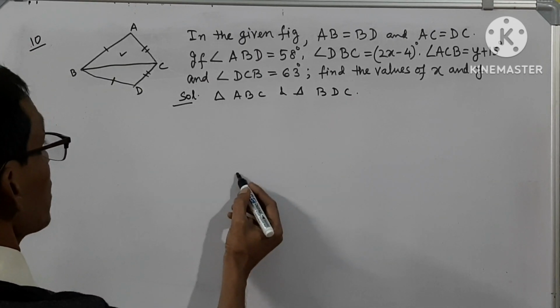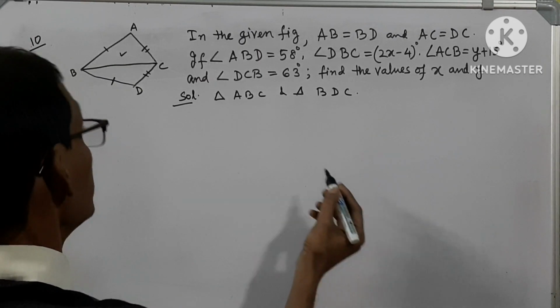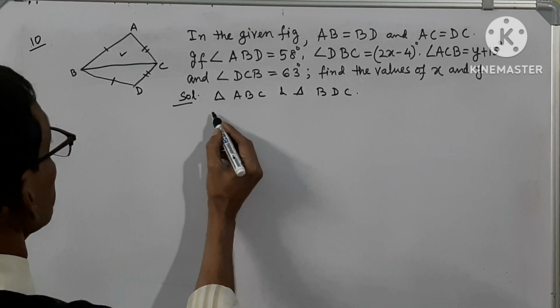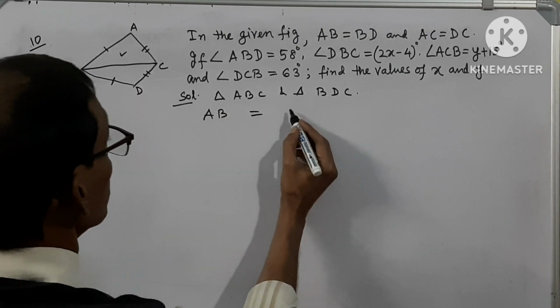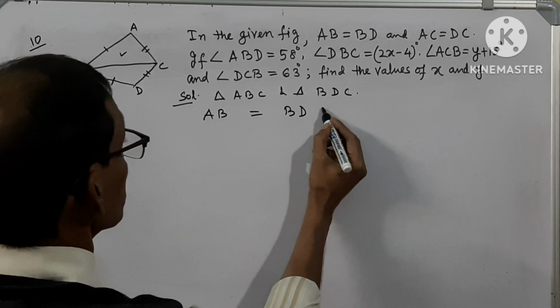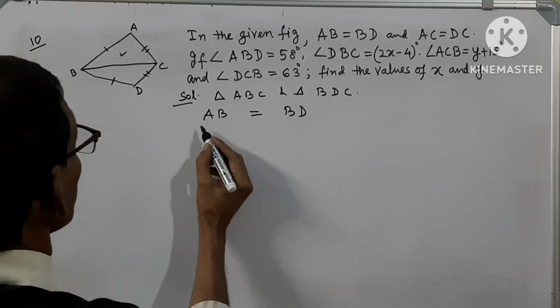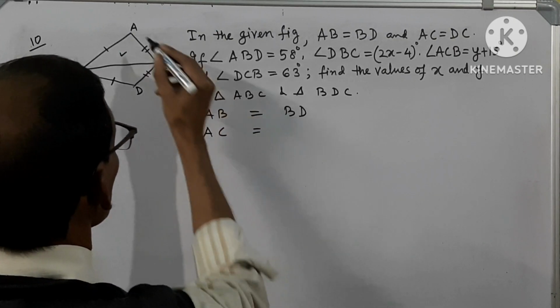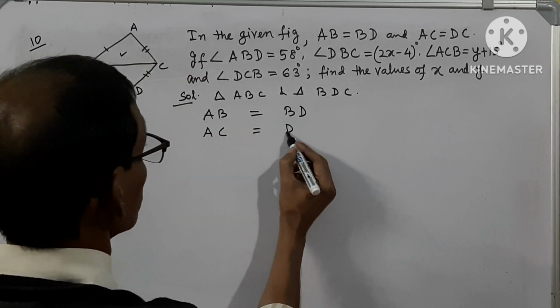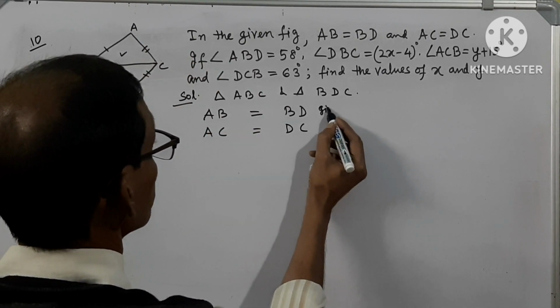We write the parts of ABC here and DBC here. AB equals BD, given. AC equals DC, this is also given.